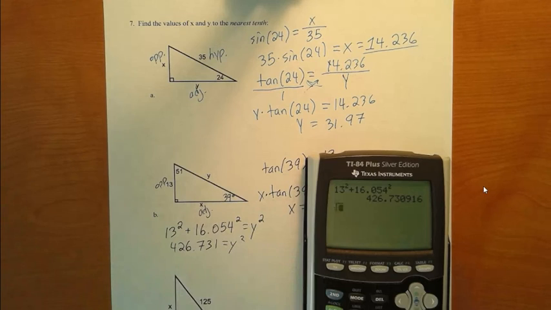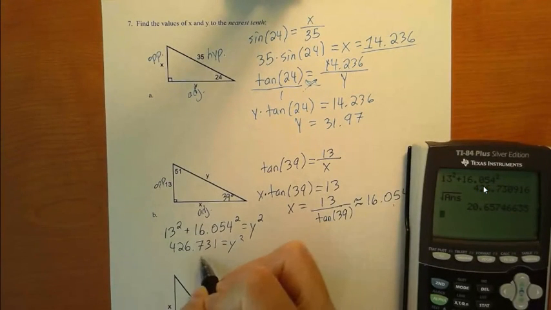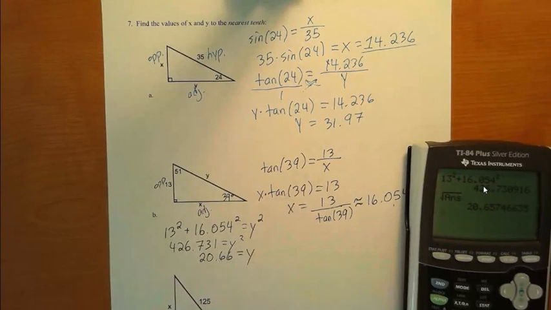And the square root of that answer we just got ends up as 20.66. So 20.66 is equal to y. And that is our second problem of finding two unknown lengths of a right triangle.